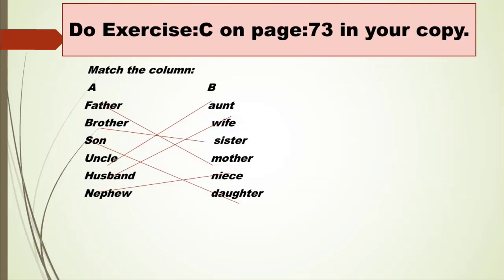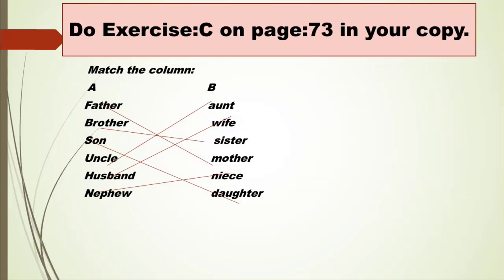It's an exercise related to match the column. In this exercise, you have to see the columns A and B. You have to match it. We have an exercise C on page number 73 in your copy. Firstly, students, you have to copy the questions.